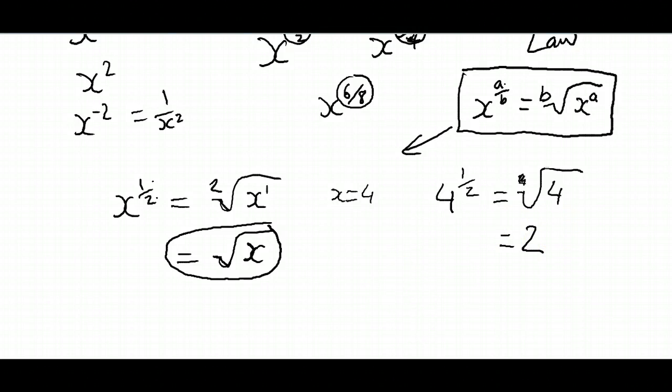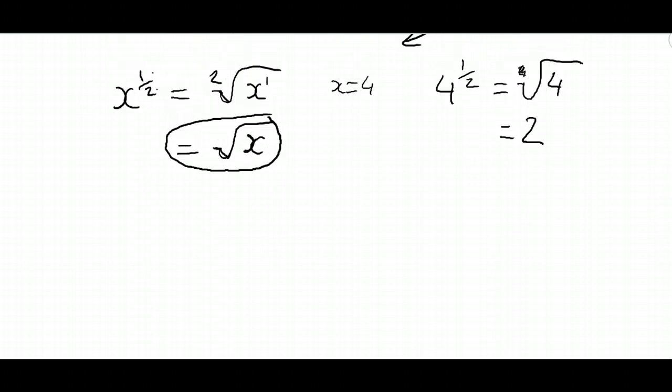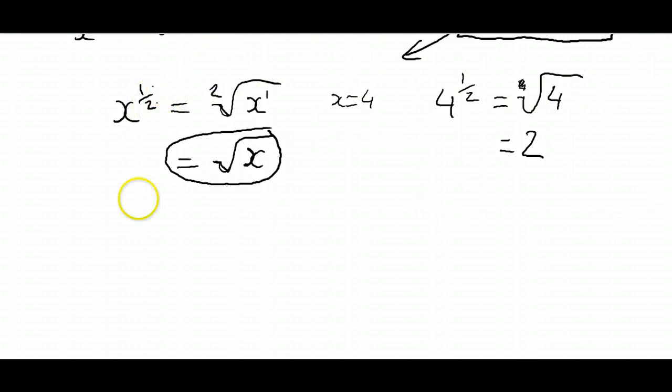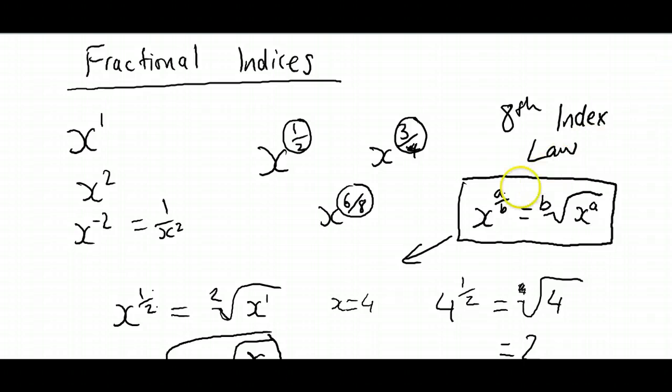Okay, but now we might come up against some other types of fractional indices. So that one's pretty easy when we've got something to the power of a half. Let's say we had something to the power of 1/3. Okay, how are we going to do that? If we go back to our index law, it says the number on top is to the power of whatever the base is inside the square root here.